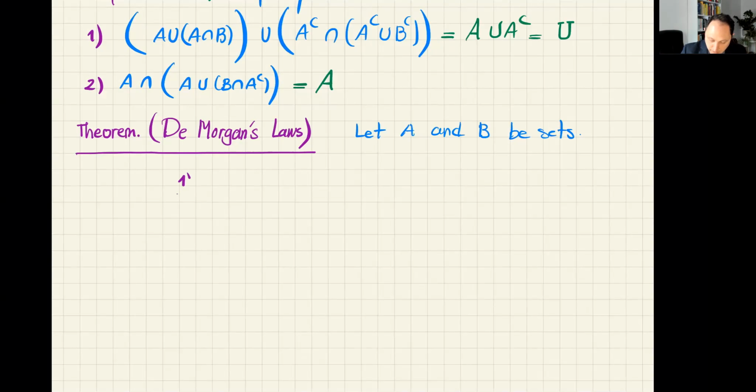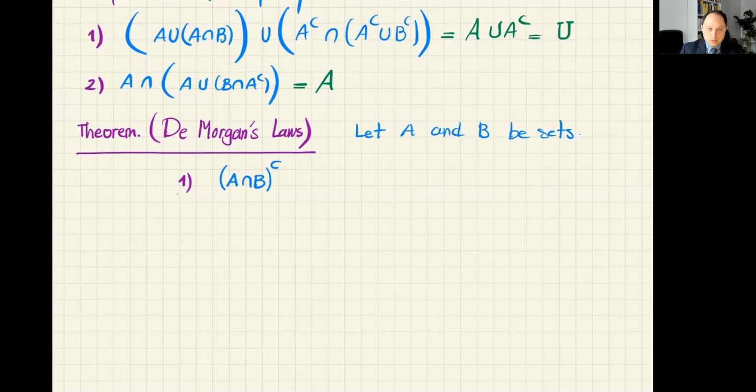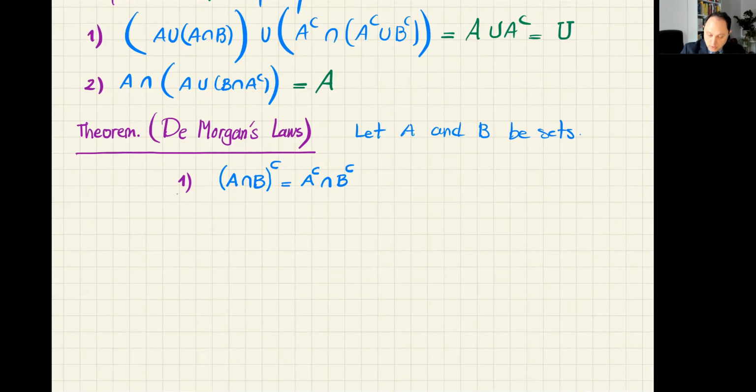Number one: if you have the intersection of two sets and you are interested in finding the complement of the result, you can take the complement of the first one and also the complement of the second one. But if you write intersection, that is wrong. The intersection will change to union and the other way around.